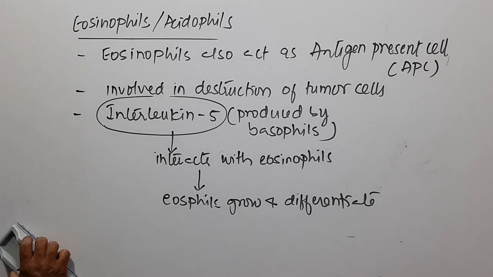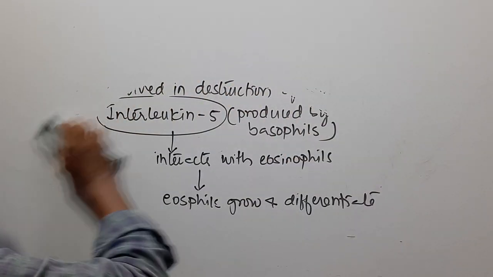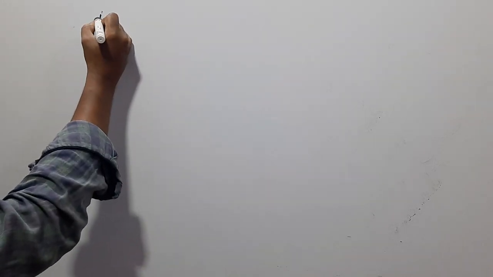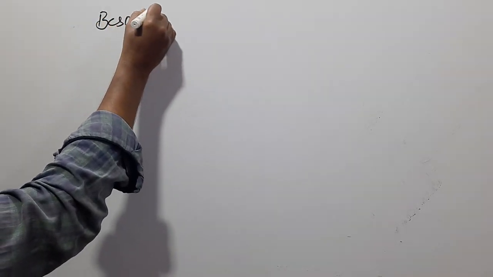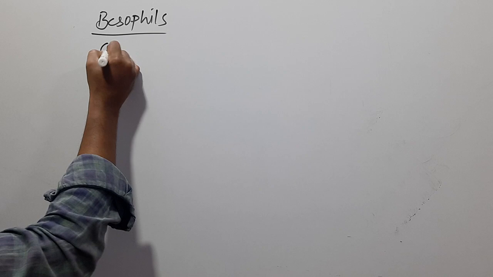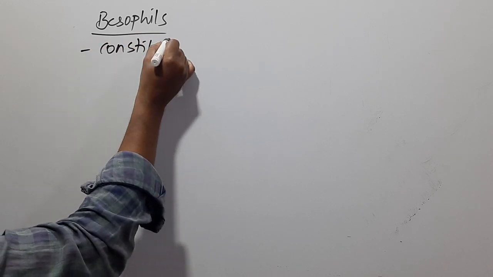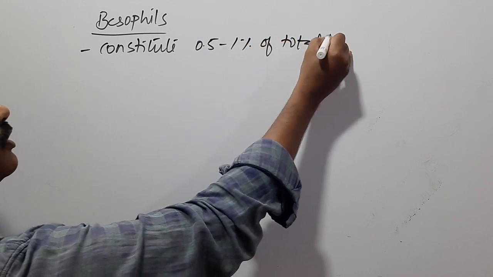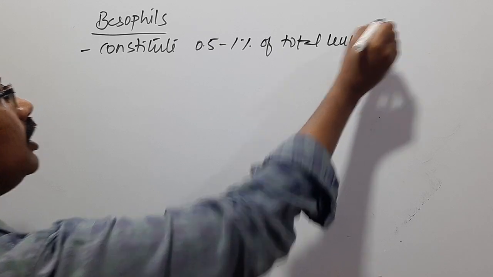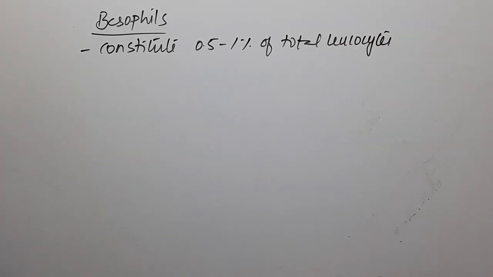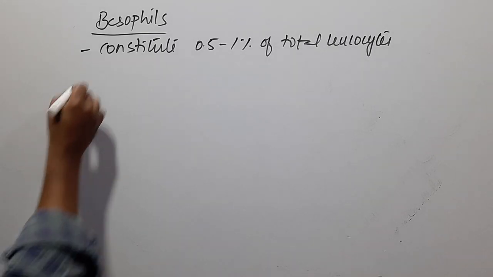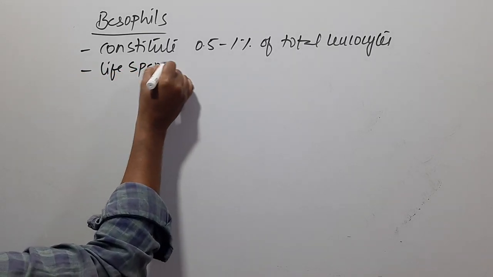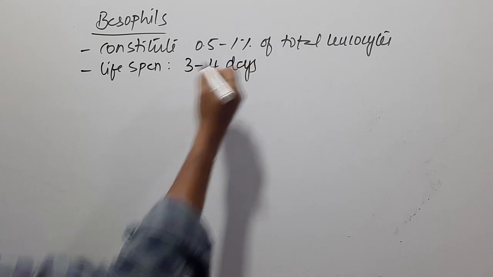Then later we'll see about basophils. These basophils constitute 0.5 to 1% of total leukocytes, and the lifespan is around 3 to 4 days.